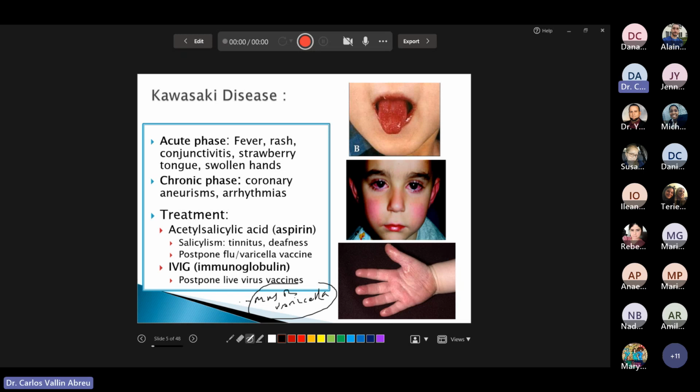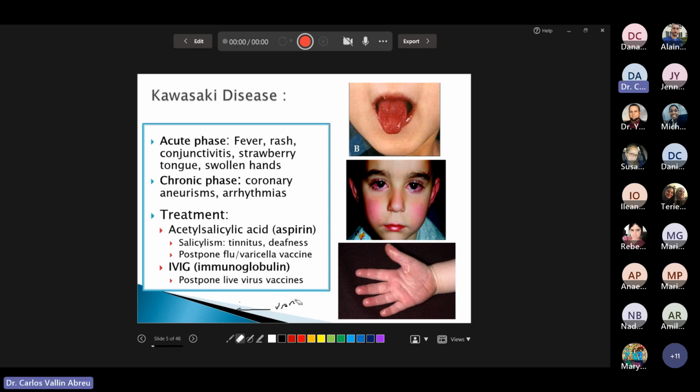If we inject this live viral vaccine into a person that recently received immune globulins, and those immune globulins are already present in the blood of the client, this immune globulin will kill the virus, and the patient will not be vaccinated, will not develop immunity.